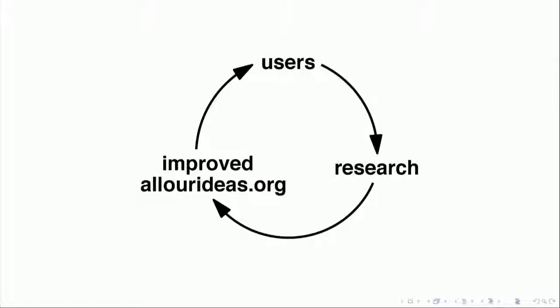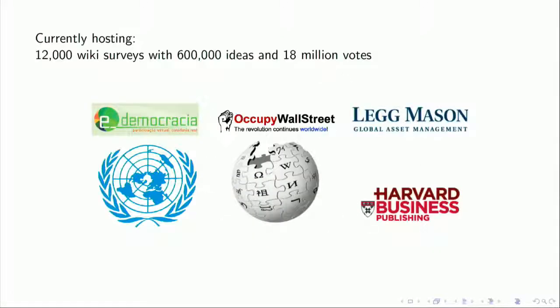More users enables us to do more research. More research enables us to have a better website, and so on. And so then things get easier and easier. I will say in practice, this is very hard. Yeah, so we can talk more about that offline.